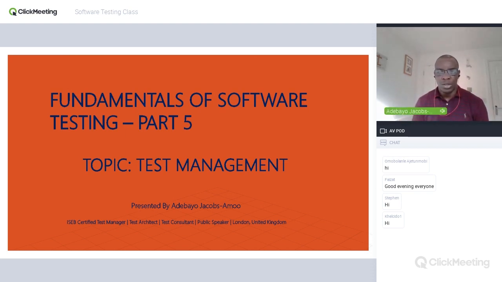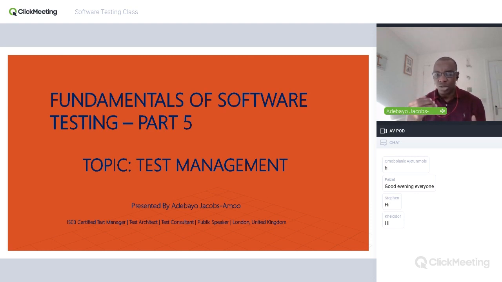So this is the 5th class in the series of classes on the foundation syllabus in software testing. Today we're talking about test management. Test management means a lot of different things to a lot of different people. I don't want us to get carried away by the definition of test management. Testing as a whole, as a concept, has to be managed.